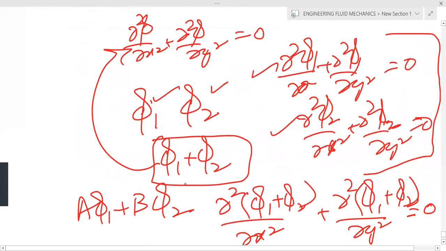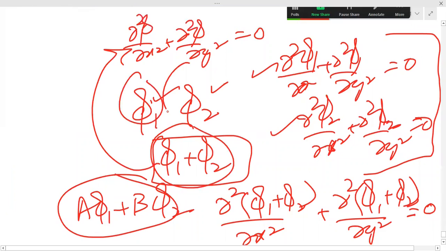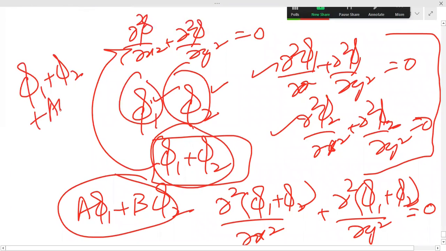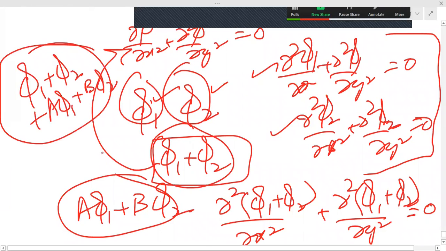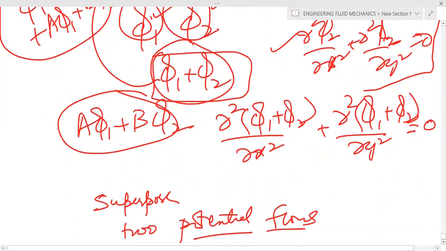Say this is one solution, this is another solution, and this is another solution. So you know that this is also again a solution. Any linear combination of the solutions themselves is also a solution. Is that clear? Yes, sir.